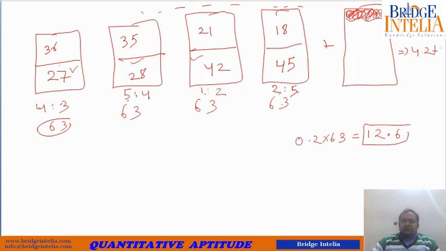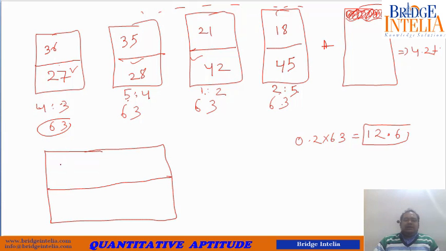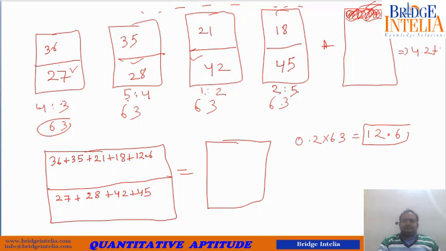So if you add these 4 and an additional 12.6 liters of water, in the final solution the actual value of the components would be 36 plus 35 plus 21 plus 18 for the first component, and the second component 27 plus 28 plus 42 plus 45, plus this additional 12.6, since it represents water.